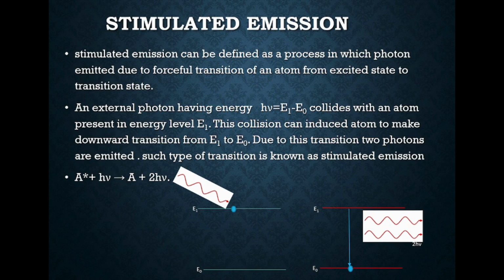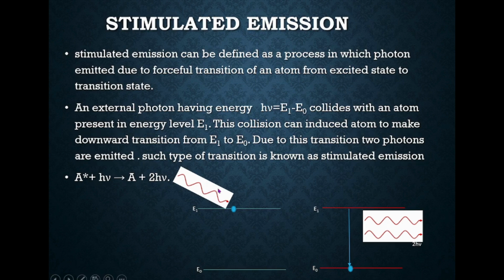We already studied spontaneous emission; the same condition is here. The atom is already in the excited state, and we have to provide external energy to this excited atom to transit from the higher energy level, or excited energy level, to the ground state. This is called stimulated emission.